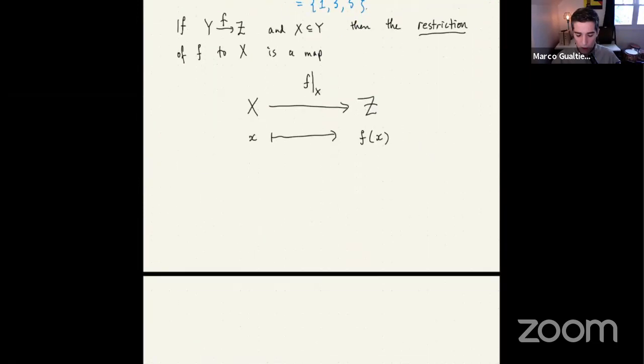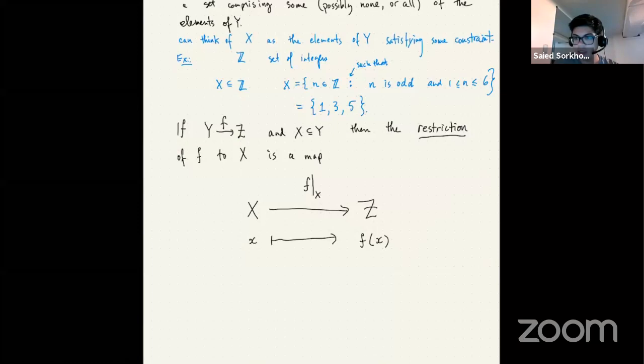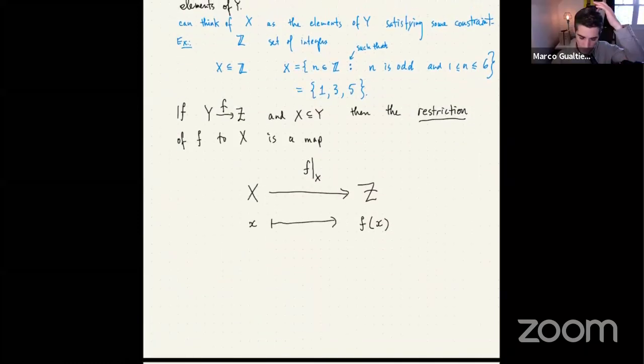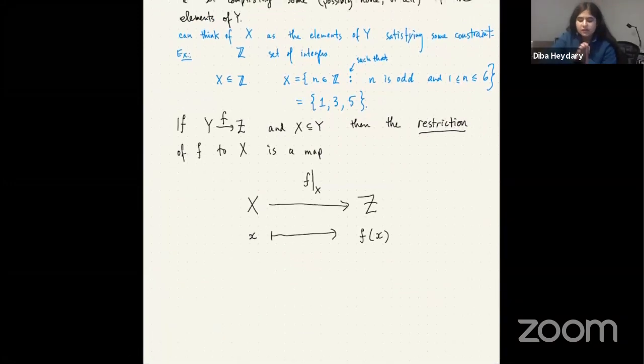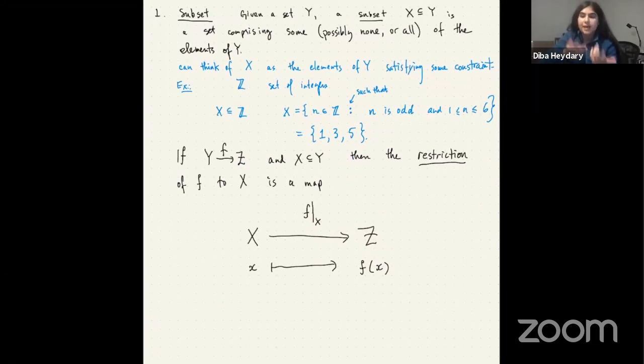Anyone else? So Deba has a good question. Okay, go ahead. My question is, when a given subset contains no elements at all, can we still take a restriction, or is the map meaningless because it maps nothing to nothing? Yeah, it's the empty map.